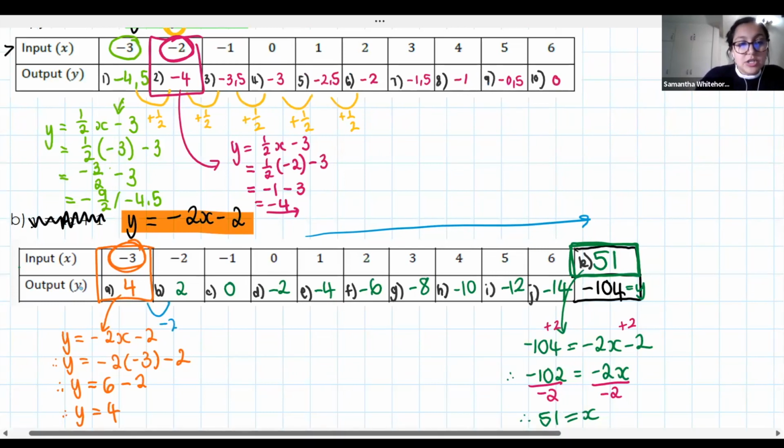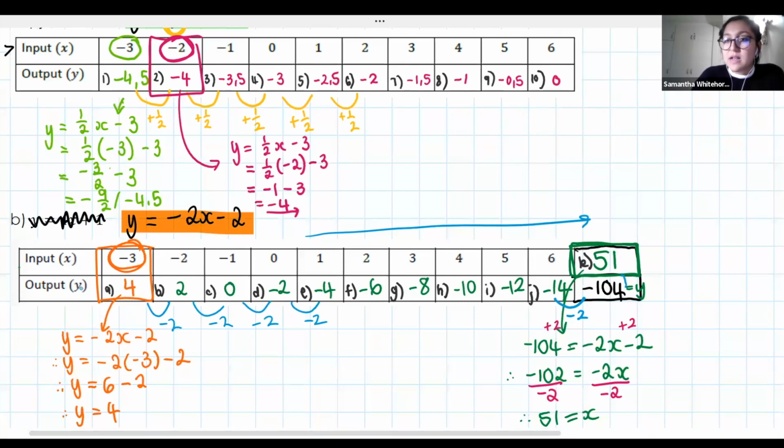I can see that each time I'm subtracting 2. And that continues all the way along my table. So logic should tell me that from negative 14, if I subtract 2 and I'm not getting negative 16, this definitely can't be the next term. And because that's negative 104, it definitely can't be the 7th term. So we're going to have to go and work it out.